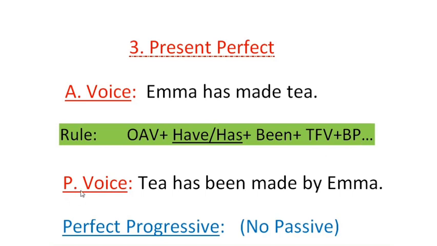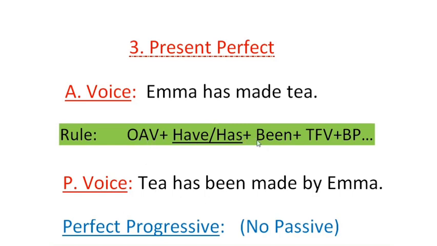Next we come to the passive voice. First OAV will be used. OAV is tea, so tea is used first. Then have or has. As tea is third person singular number, has is appropriate here: tea has. Been will come next. The same word is used: being in present progressive form, been in present perfect form. So tea has been.